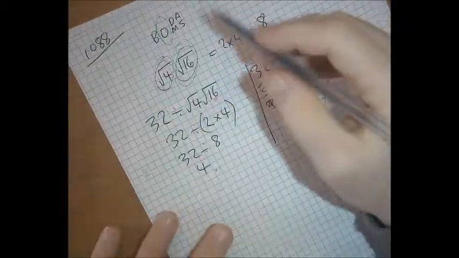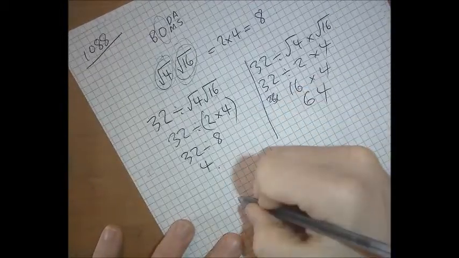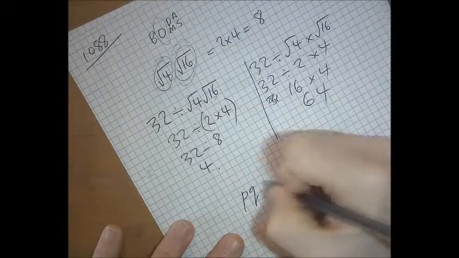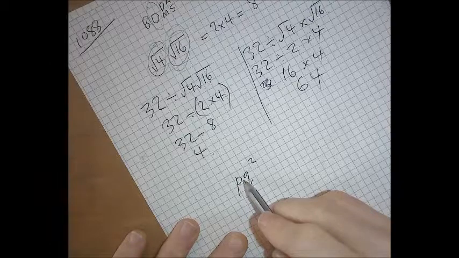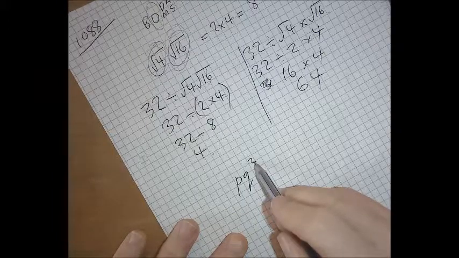Now, the final thing I should say is that you shouldn't overuse this. I know that you can't see a multiplication symbol there, but that doesn't mean that you do P times Q and then square it.